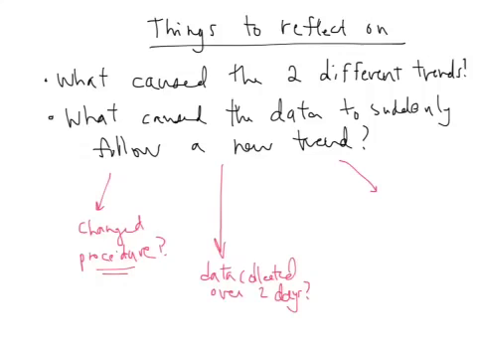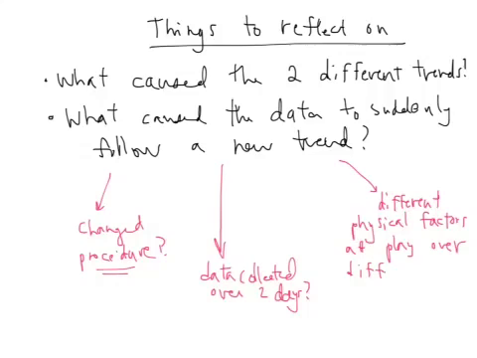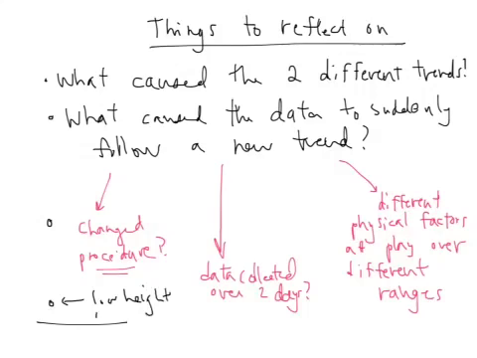Another reason is there are different physical factors at play over different ranges. After all, if you do an experiment where you're dropping a ball, if you drop it from a really low height down here, air resistance is not a factor.